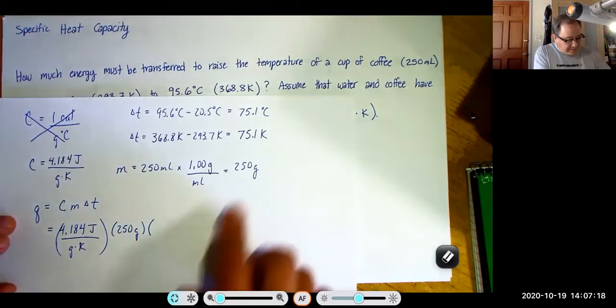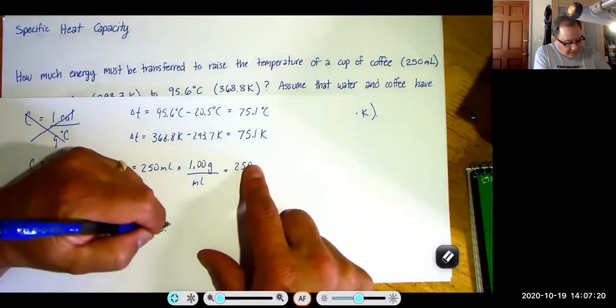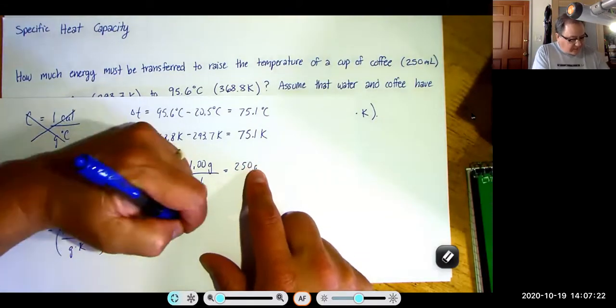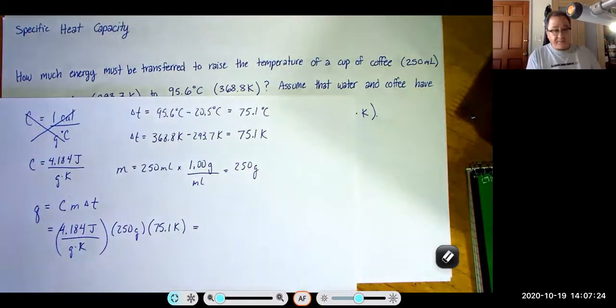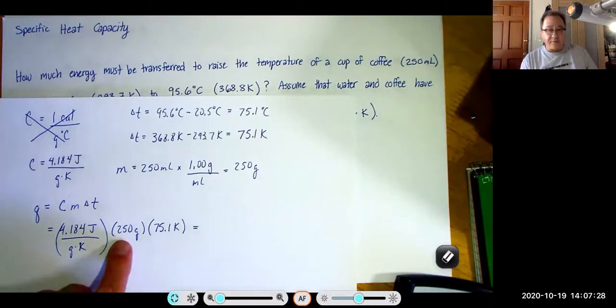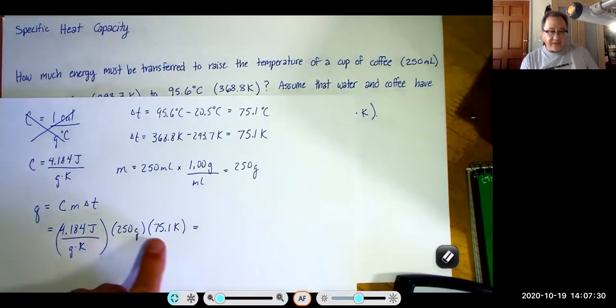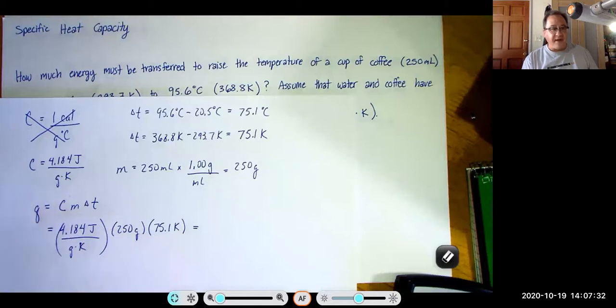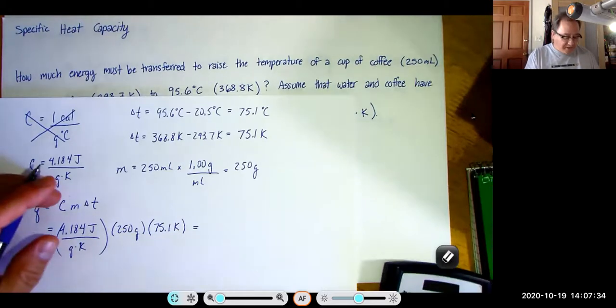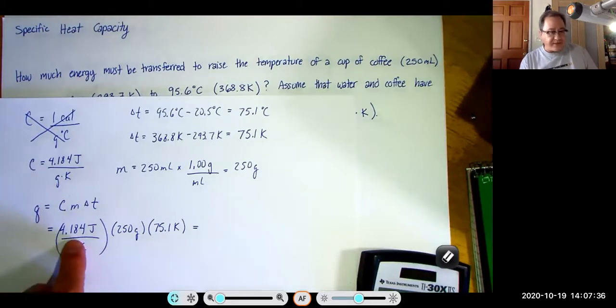And the change in temp is 75.1 K. When we do all this work, it's going to be a pretty big number, but we can still estimate because 250 times 4 is 1,000. 1,000 times 75 is 75,000. So the answer should be around 75,000, maybe a little more because that's not 4, it's 4.184.